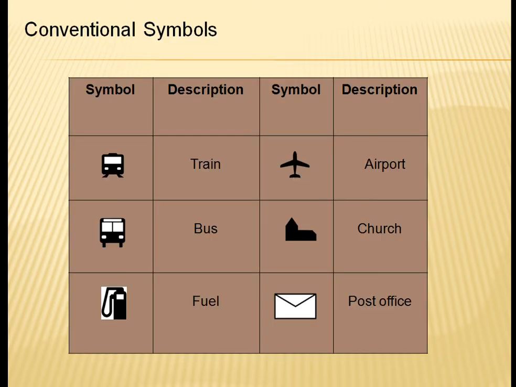Next, conventional symbols. Okay, we are going to see the image which is given in our textbook. What are conventional symbols? Already I gave you a homework to draw the conventional symbols, and they are part and parcel for 5 marks in the annual examination also. So please study the conventional symbols very properly.